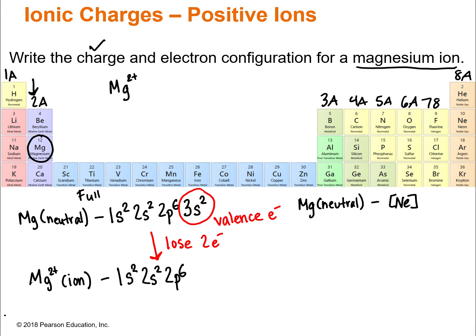I'm going to use neon. Then I have to add on everything between neon and magnesium. So I have to add on the 3s2. Again, these are my valence electrons.